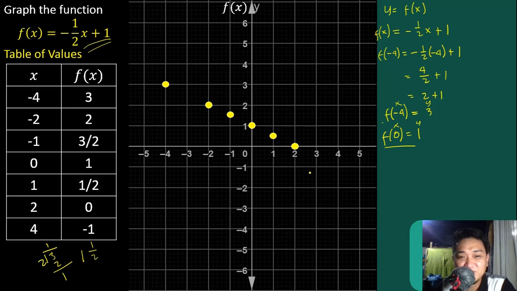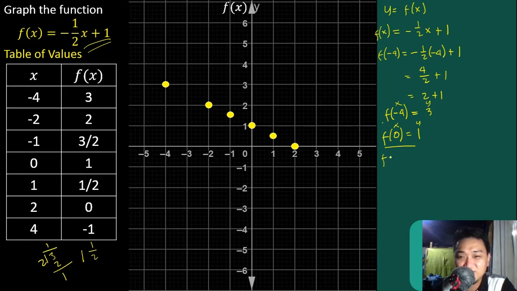If the value of x is 2, the value for the function if we're going to solve the function, that will be 0. Now, try nga natin tong, na-curious lang ako dun sa value nito. Try nga natin i-solve.